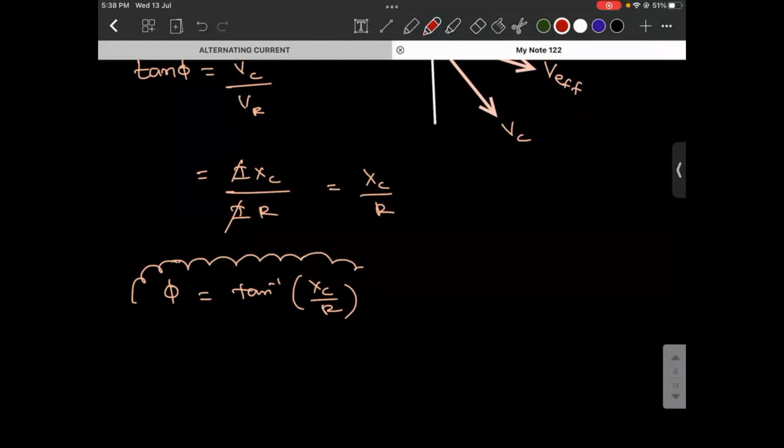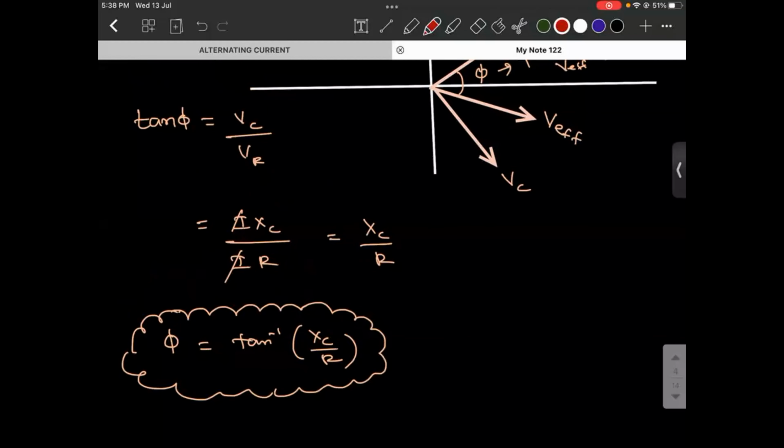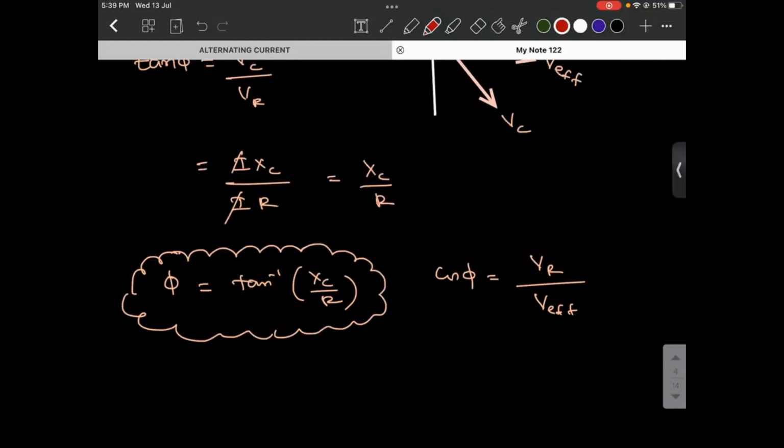So remember this expression. So tan phi is equal to this. Then what will cos phi be equal to? VR divided by V effective would have been the answer.